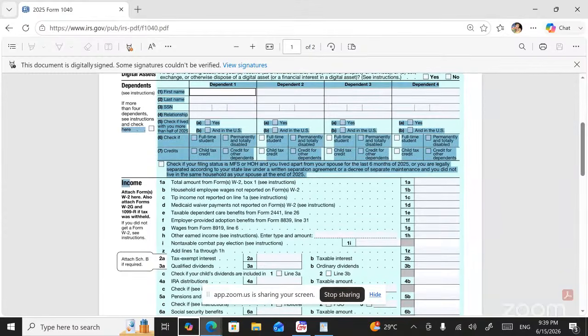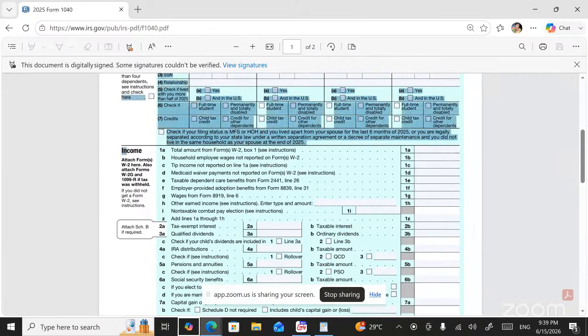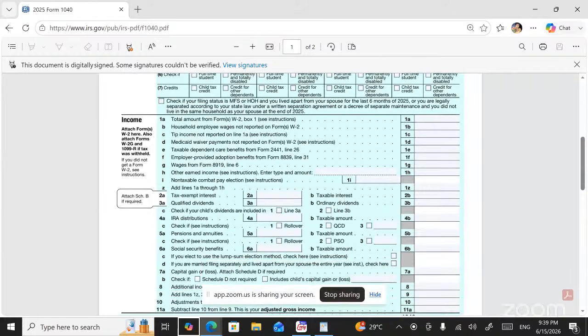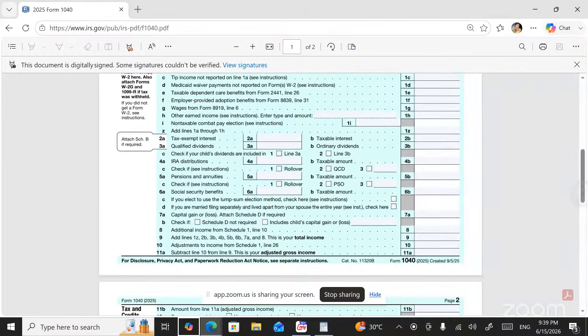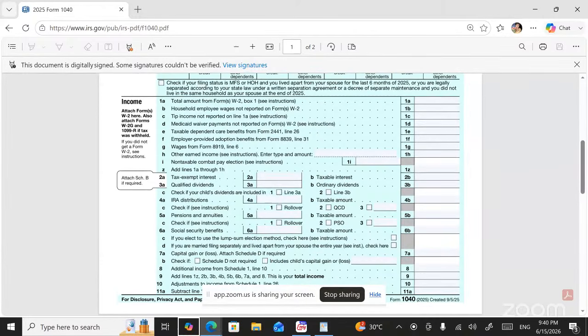Now today let us discuss incomes. In this we have a total of 11 line items. Item number 1a, total amount from form number W2.